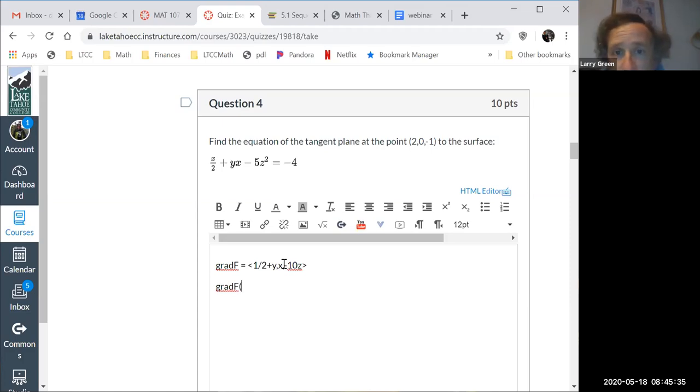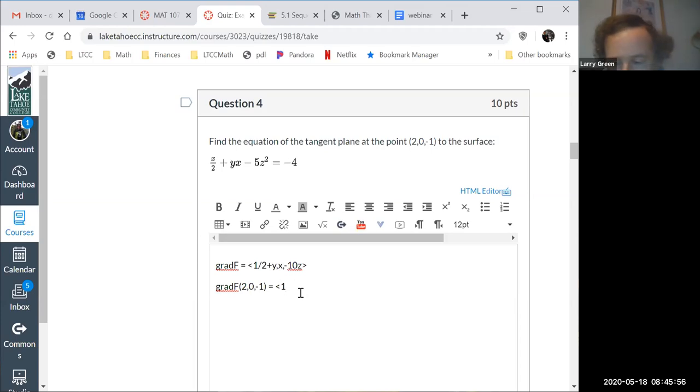Then we're supposed to plug in the point 2, 0, negative 1. So grad f of 2, comma, 0, comma, negative 1. If you plug that in, notice y is 0, so that just gives you one half for the very first coordinate.